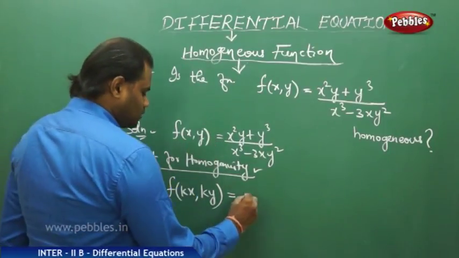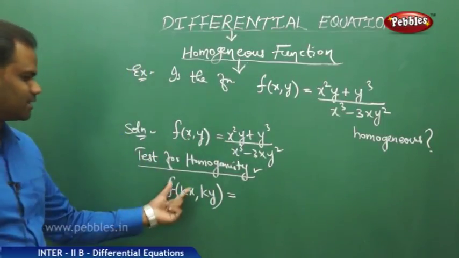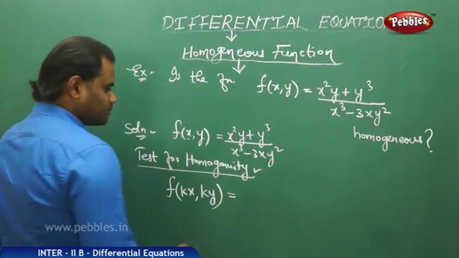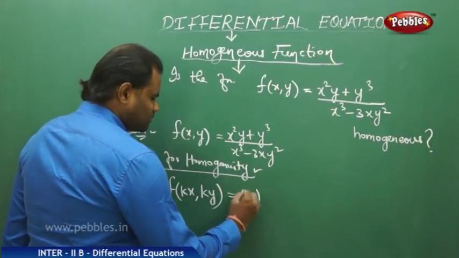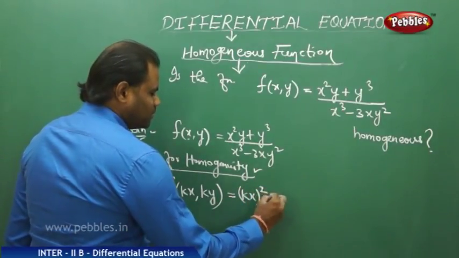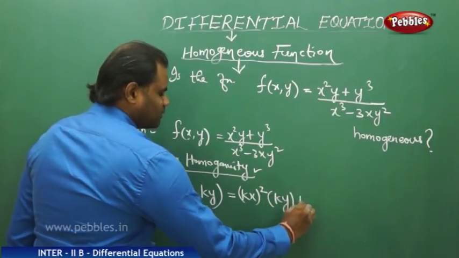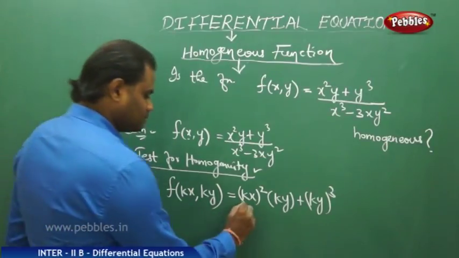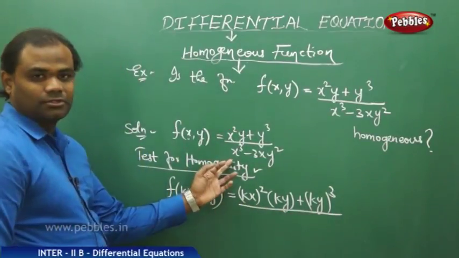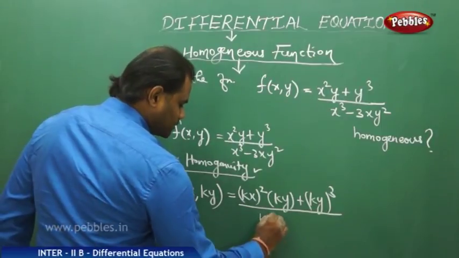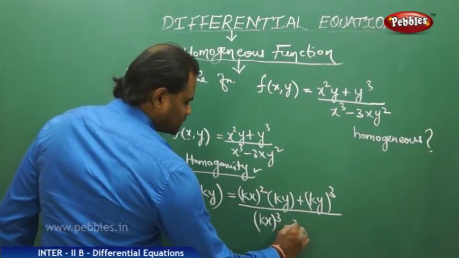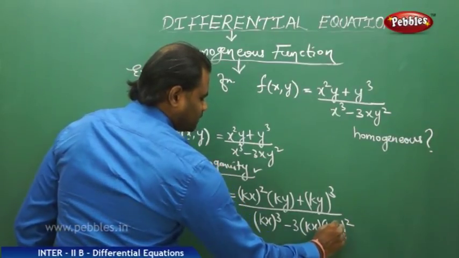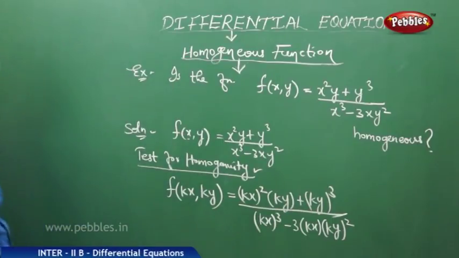So on the right hand side x is replaced with kx and y is replaced with ky, and y cube with ky cube, and similarly in the denominator, kx whole cube minus 3 times kx and ky.